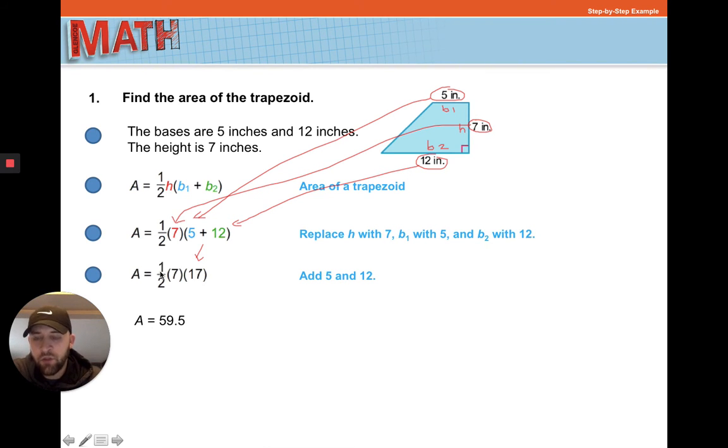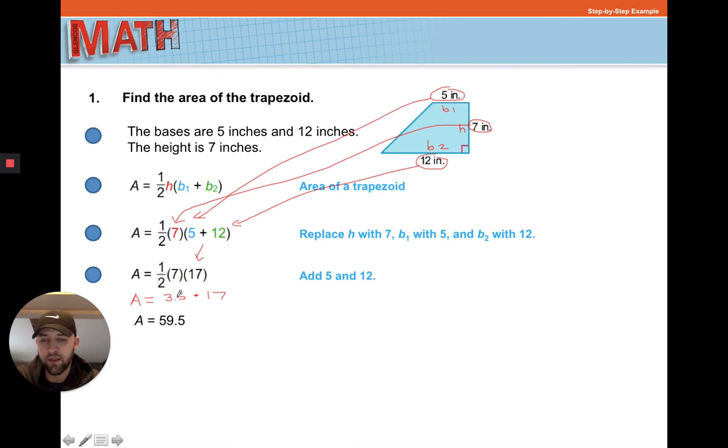And from this point, you can go ahead and throw it in your calculator. Or if you'd like to, you can take one more step, which they decided not to do. Area is equal to, you just ask yourself, what is 1/2 of 7? Okay, 1/2 of 7 is 3.5, and then we're going to multiply that by 17.